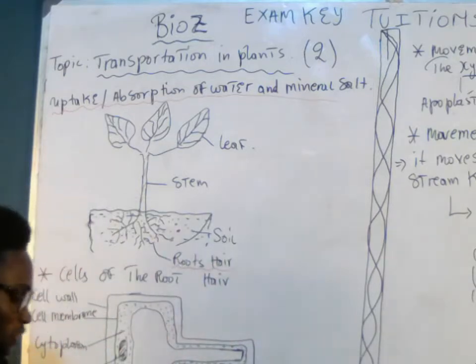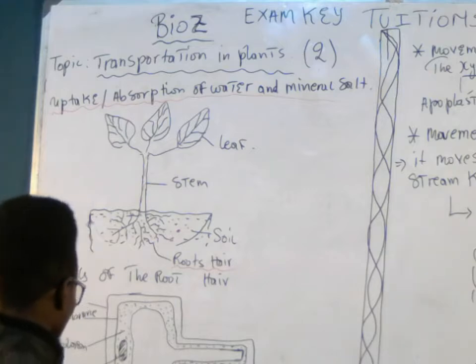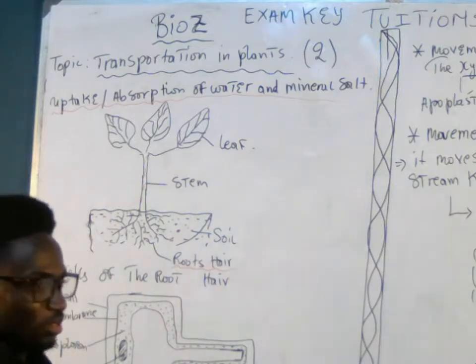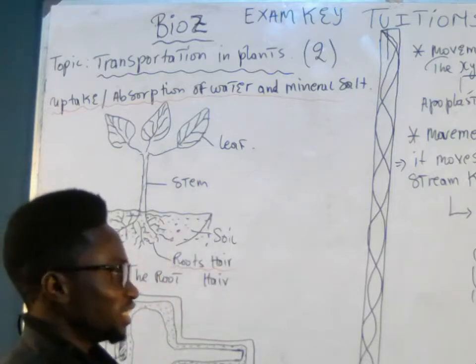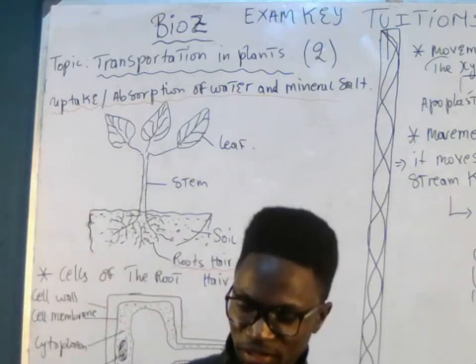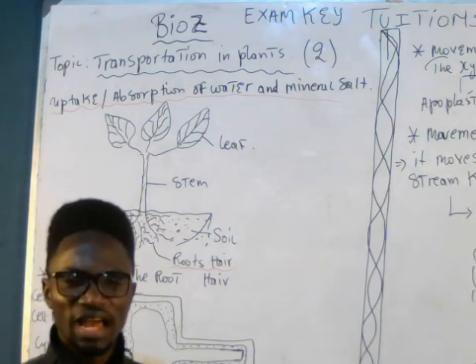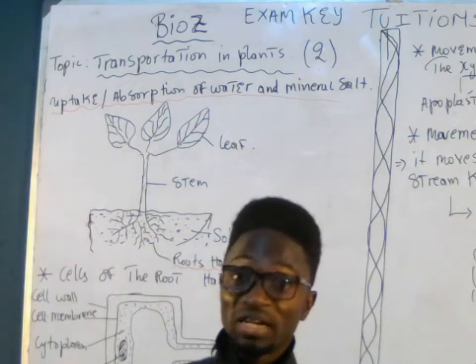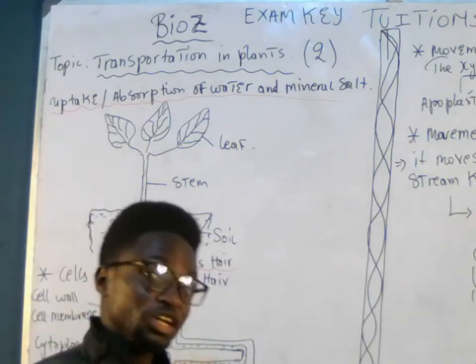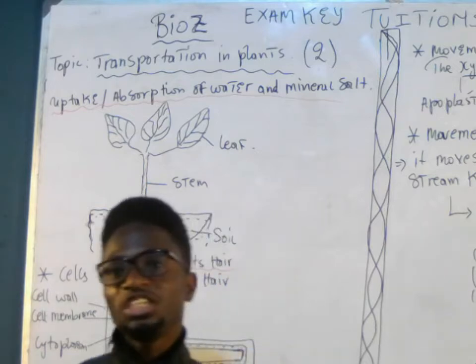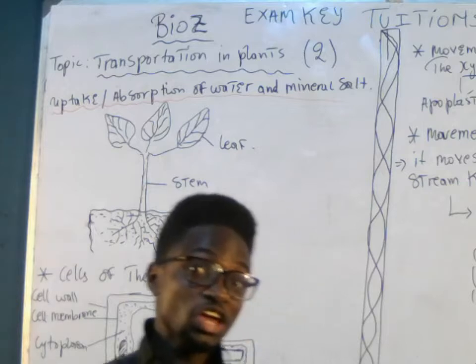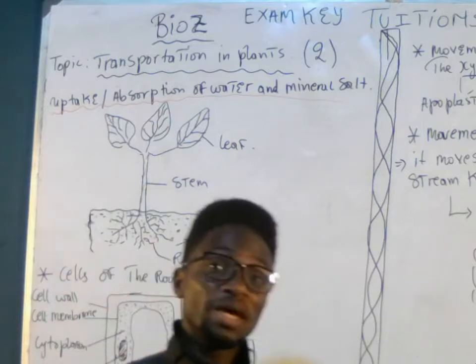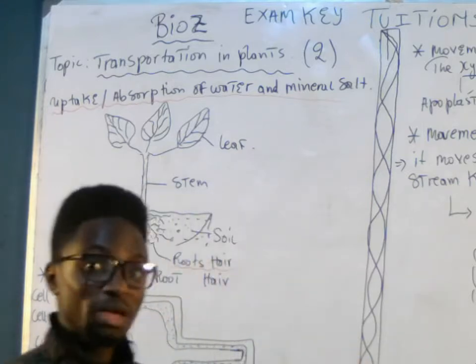How does root hair do that? It does that through the process known as osmosis. In biology, we define osmosis as the movement of water molecules from a region of high concentration to a region of lower concentration through a semi-permeable, selectively permeable membrane.